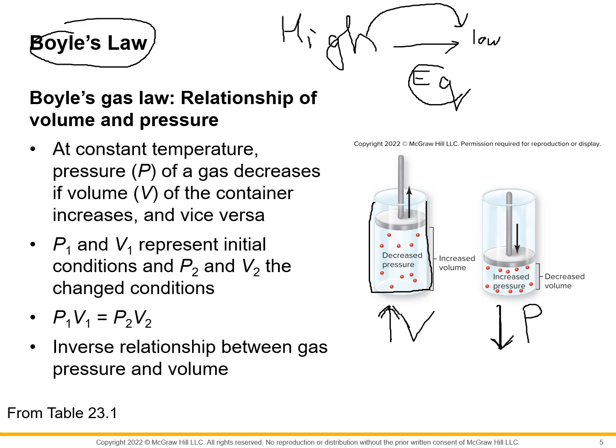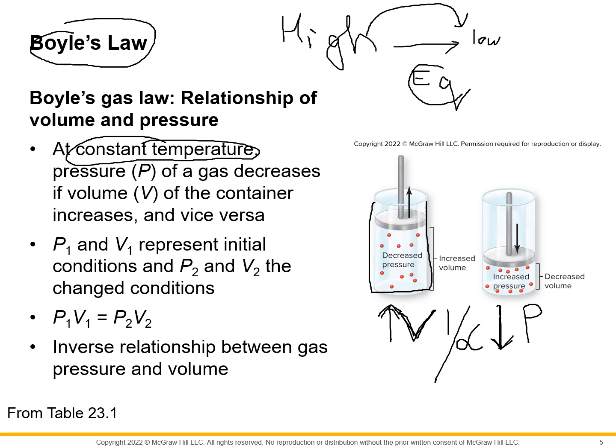According to Boyle's Law, the container volume and gas pressure have an inversely proportional relationship. If the volume increases, the pressure decreases. And this has a disclaimer, right? We're assuming here that the temperature stays constant.